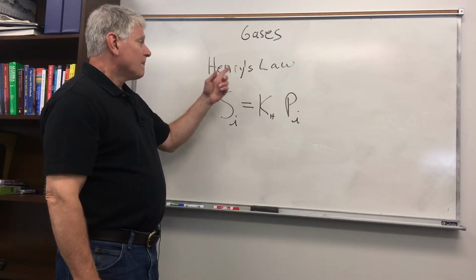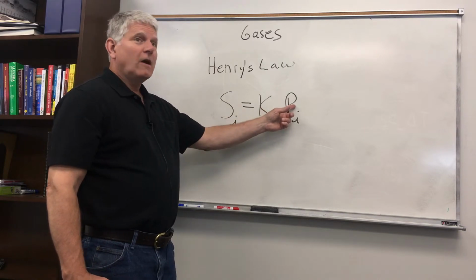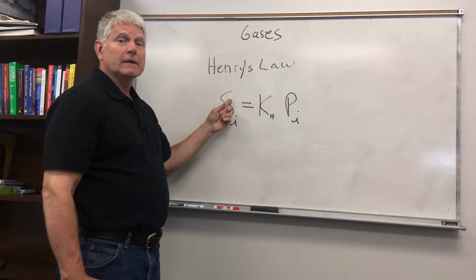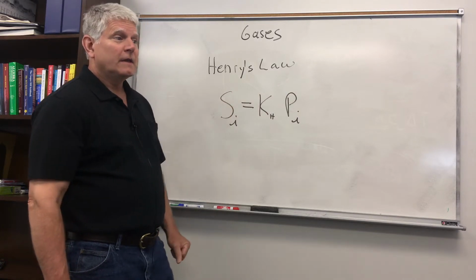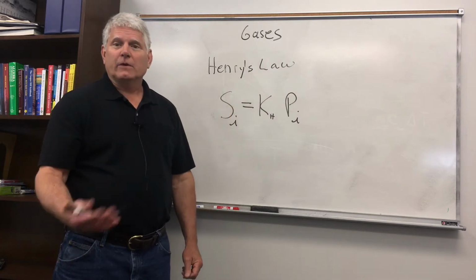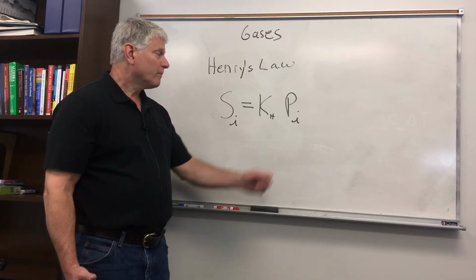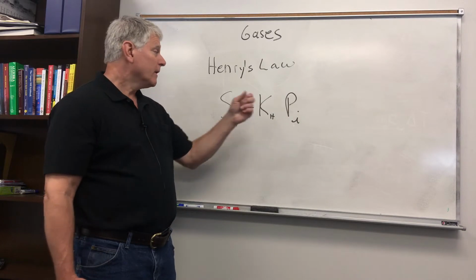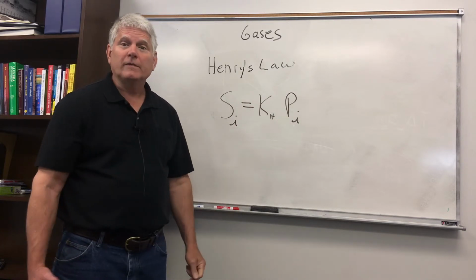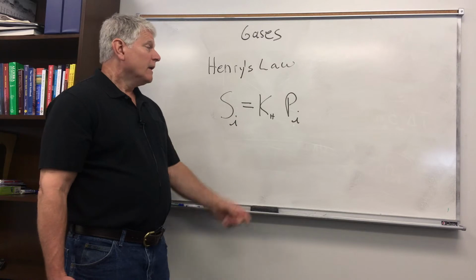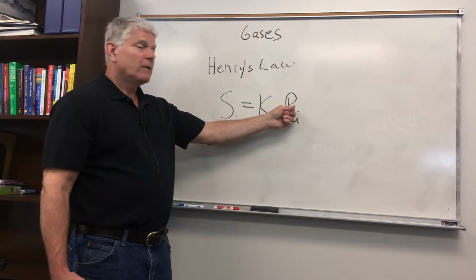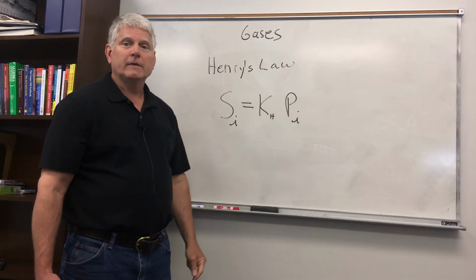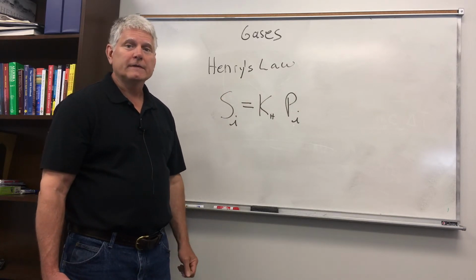So as the pressure of that particular gas increases, its solubility will increase. If you have a soda and a large partial pressure of carbon dioxide over top of the liquid, more carbon dioxide will dissolve in solution than if you have a very small partial pressure of carbon dioxide over the liquid. Then the solubility will be decreased.